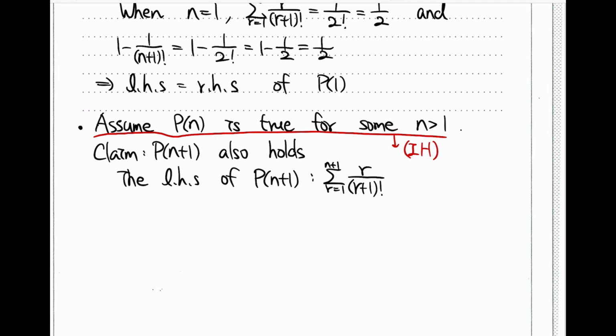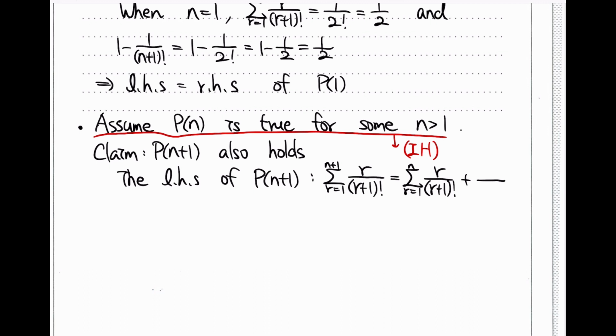Okay, so now let's go back to the summation here. It is equal to the summation r from 1 to n of r over (r plus 1) factorial, plus the last term, which is when r is equal to n plus 1.